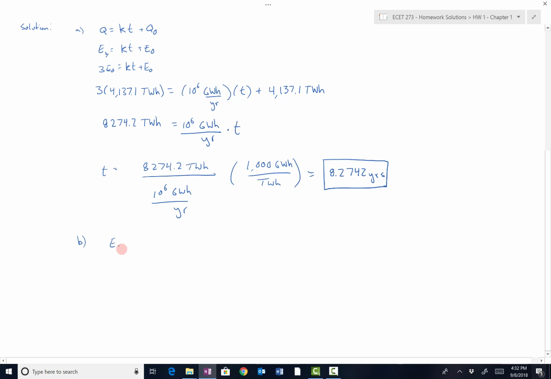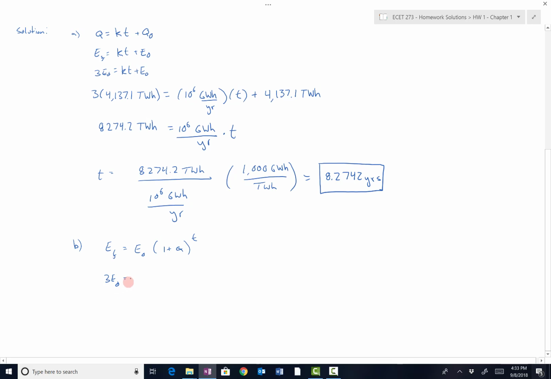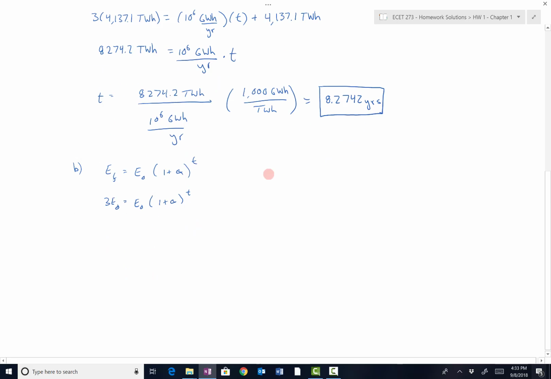That is, the final amount of energy is going to be equal to the initial amount of energy times 1 plus alpha, where alpha is the growth constant, raised to the power of T. So in this case, 3E0 is equal to E0 times (1 plus alpha) to the T. I could insert the value of E0 if I wanted to, but I'm just going to divide and it's going to fall out of the equation anyway.